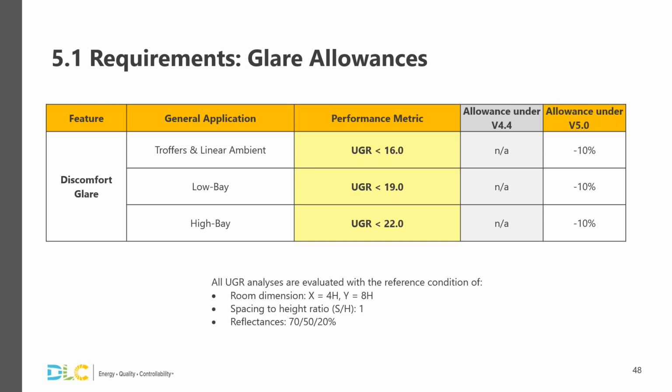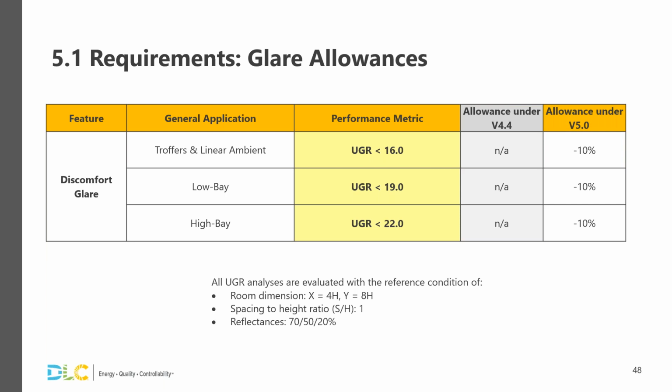Next, we have added the ability to get another 10% for good glare performance. Just like Leora explained a little bit earlier, there are 4 different general applications: troffers, linear ambient, low bays, and high bays, each with different UGR thresholds.